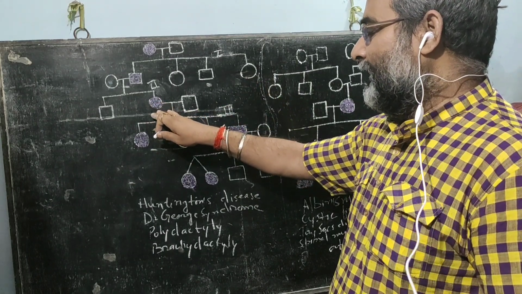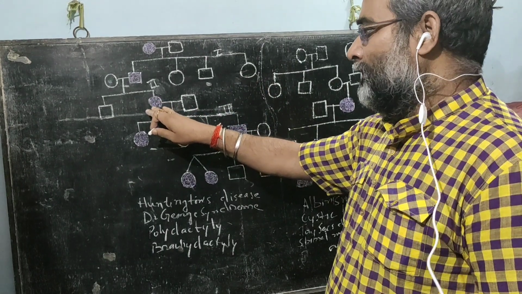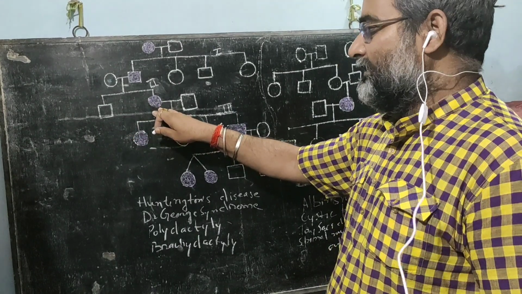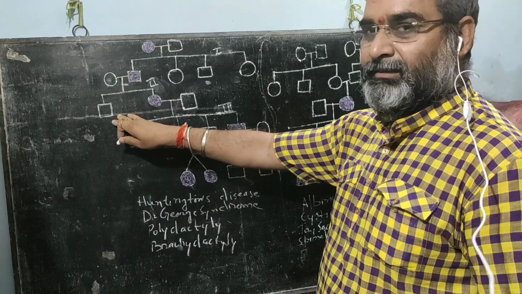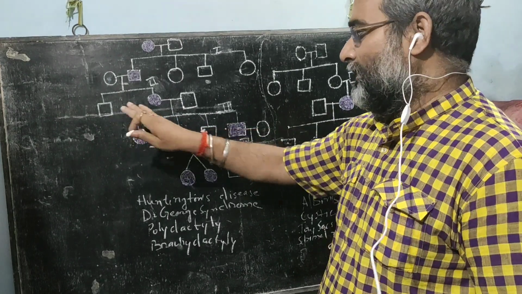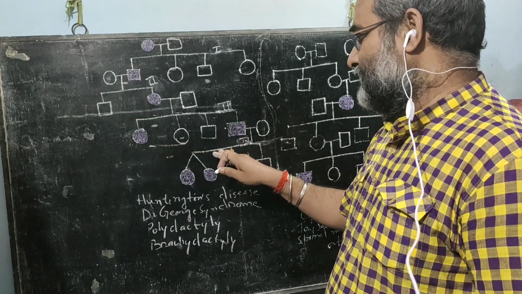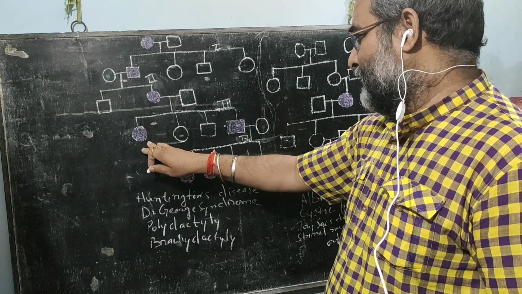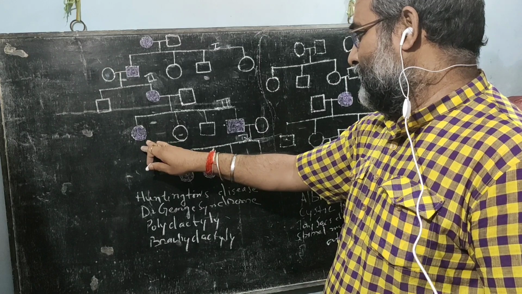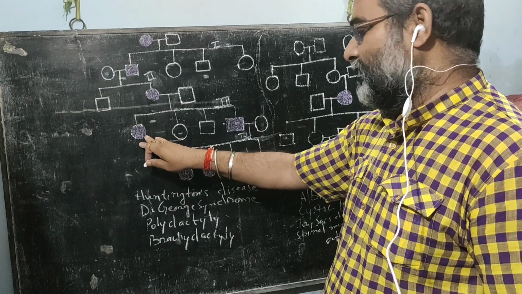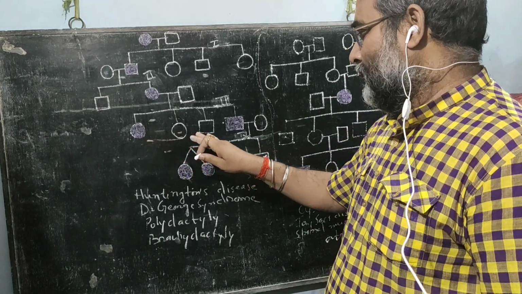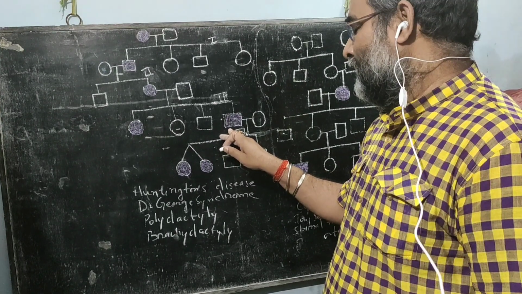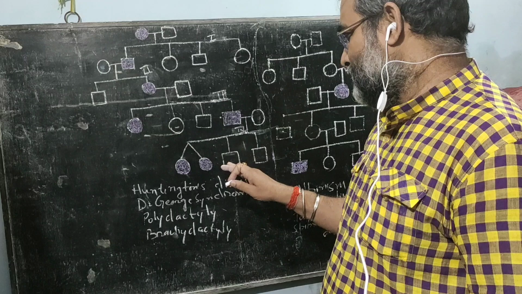In the second generation, 100% of females are affected and 100% of males are normal. In the third generation, 50% of females and 50% of males are affected.